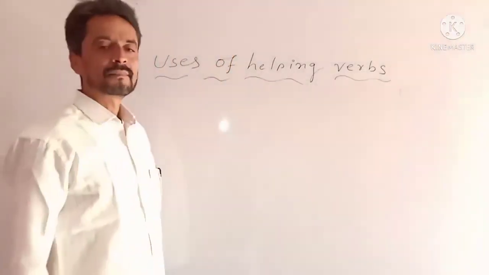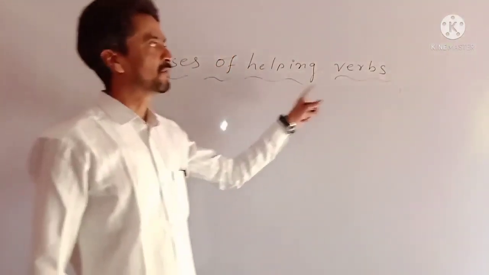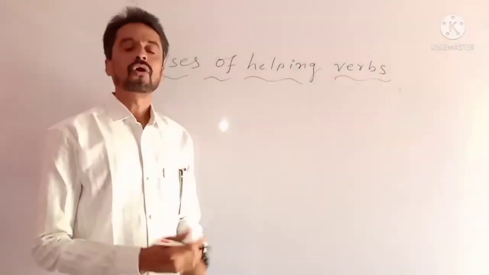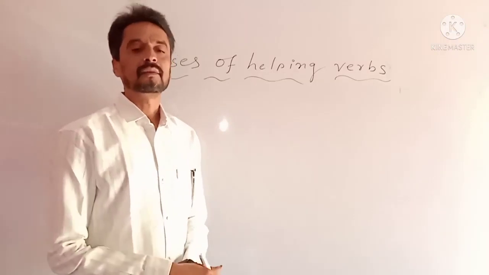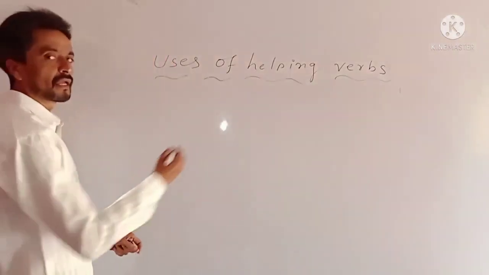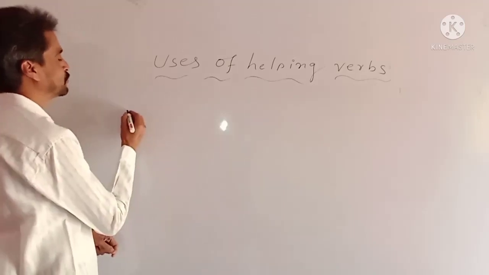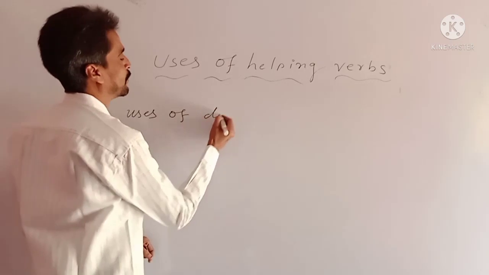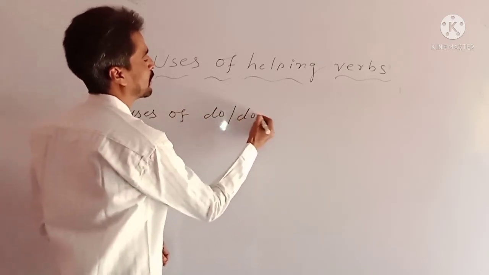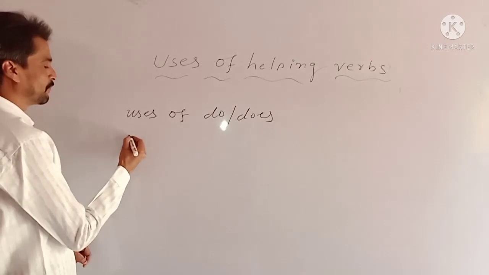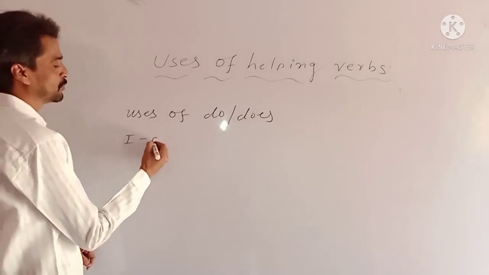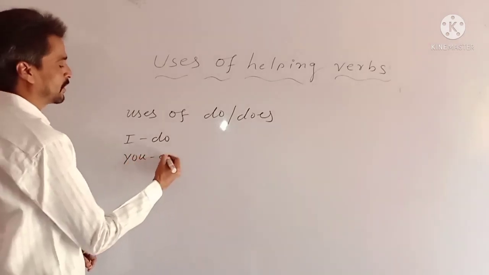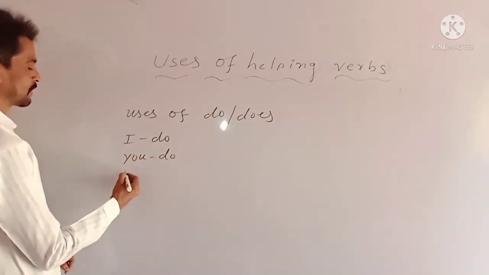The basic grammar chapter is the uses of helping verbs, with which pronoun or noun we can use the helping verb. Now I am explaining to you the uses of do and does. We can use do with I. We can use do with you.